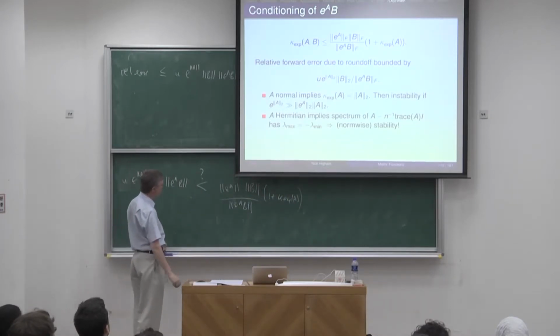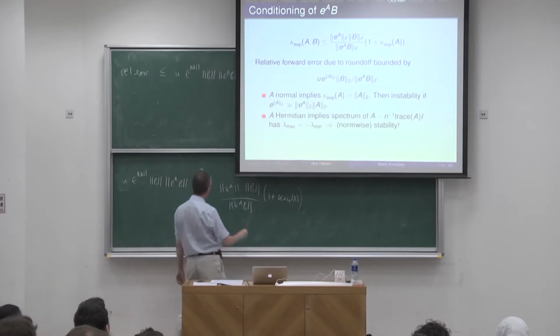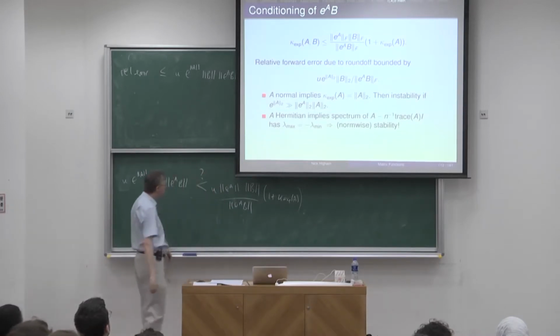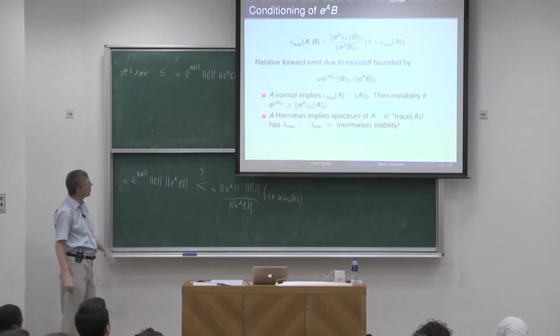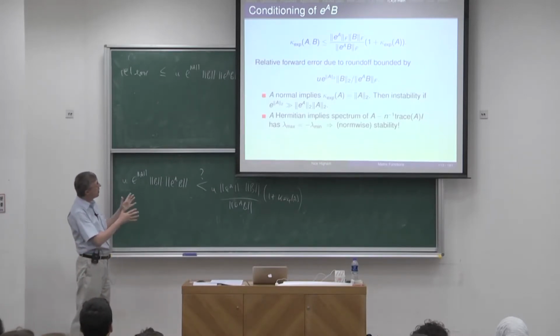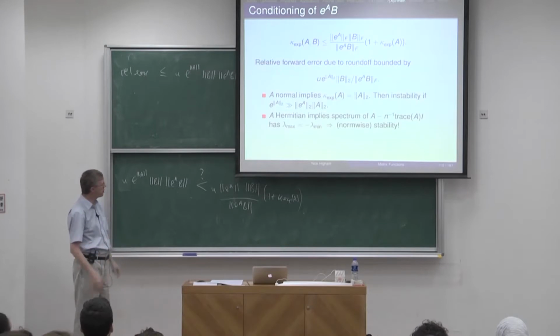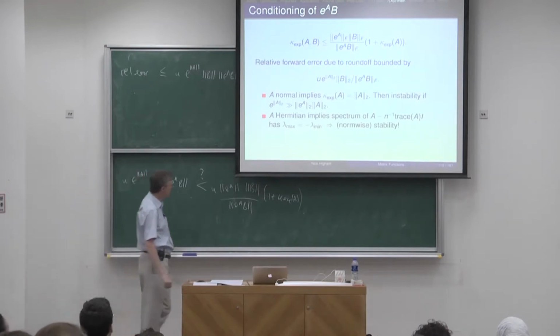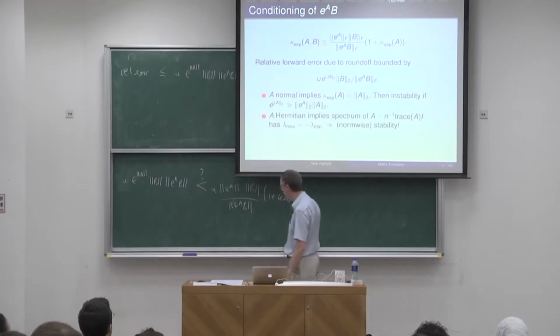I'm not going to bother writing down which type of norm it is. And I can put a u on the right hand side as well. I can just assume that I'm going for a tolerance of u, because the actual relative error is the condition number times the tolerance. So the question is, is that inequality true?